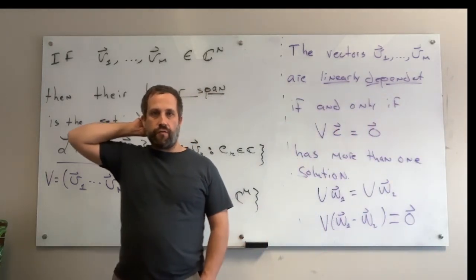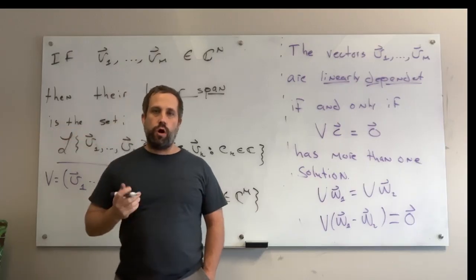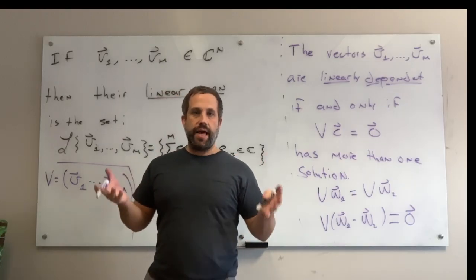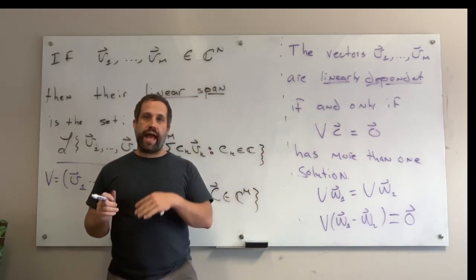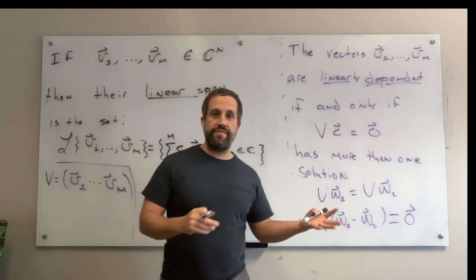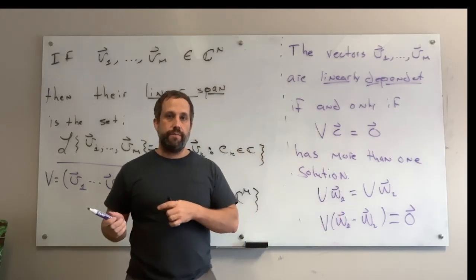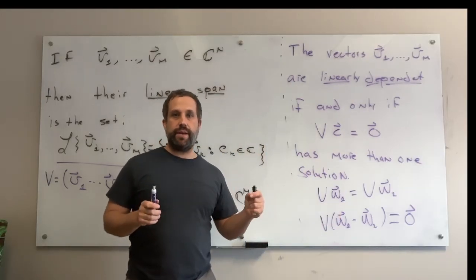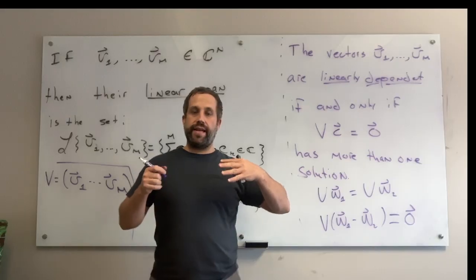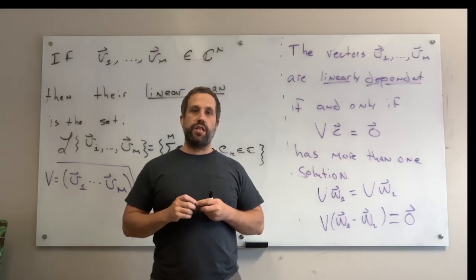You might remember from your linear algebra class, one way to determine whether or not a set of vectors is linearly dependent is you put them into a matrix and you row reduce, or you compute the determinant. If the determinant is 0, then you know the set of vectors are linearly dependent. But that's sort of equivalent to this fact right here, because when the determinant is 0, it means the matrix is not invertible.